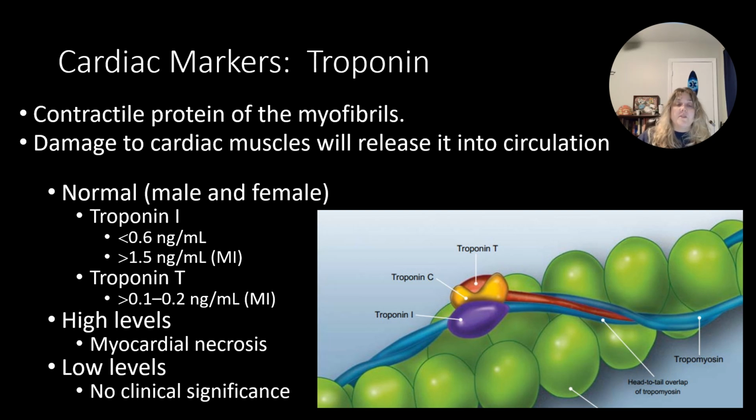And then if you see cases where it's 1.5 or higher, then you're starting to worry about an MI. With troponin T, your levels that are higher than 0.1 to 0.2 nanograms per milliliter also are indicative of an MI. So that just tells you you do have tissue death. Myocardial necrosis has definitely occurred. There's no significance with low levels.